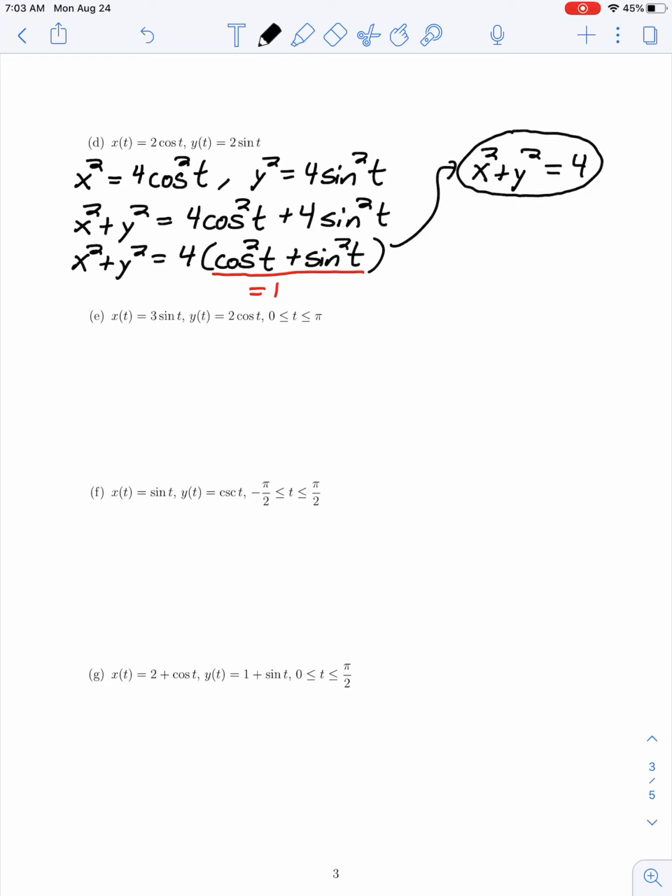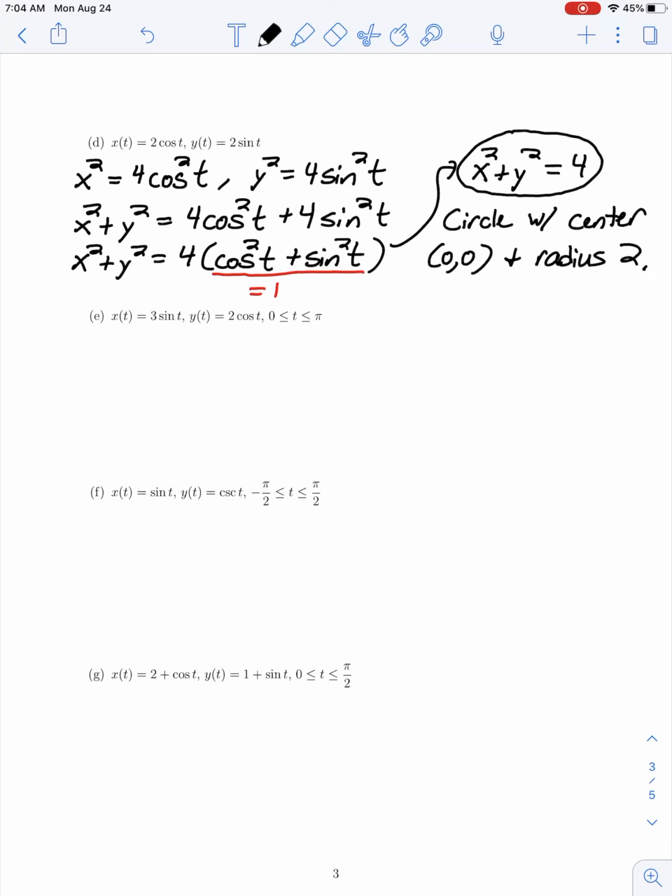This equation we recognize as the standard form for the equation of a circle. So here we have a circle with center of 0, 0, or the origin, and radius 2.